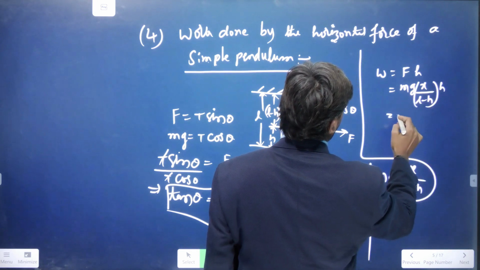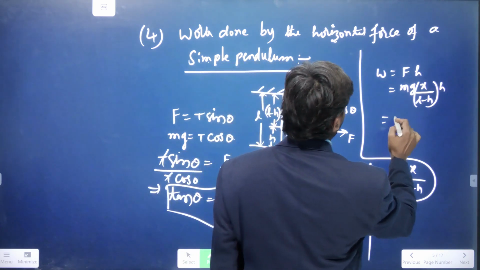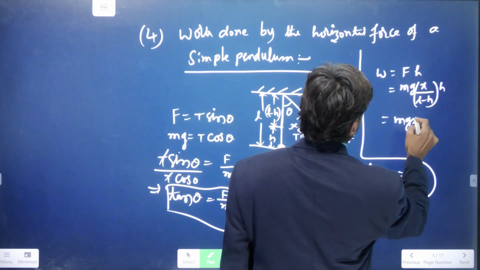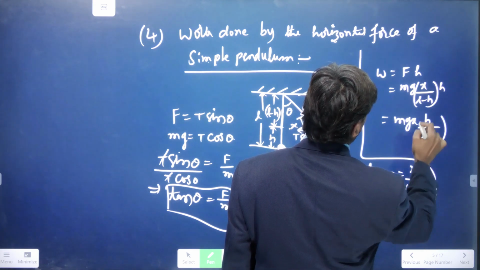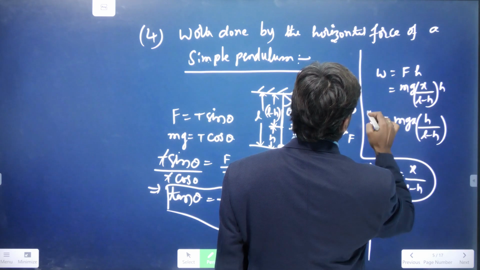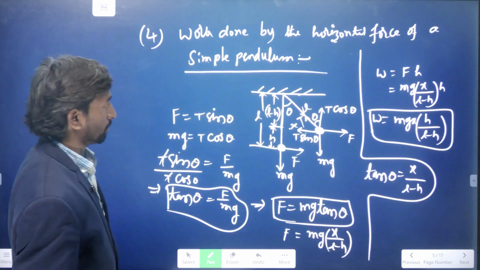So otherwise we can write mgxh by L minus h. So this is the work done by the horizontal force, or we can write it like this also.